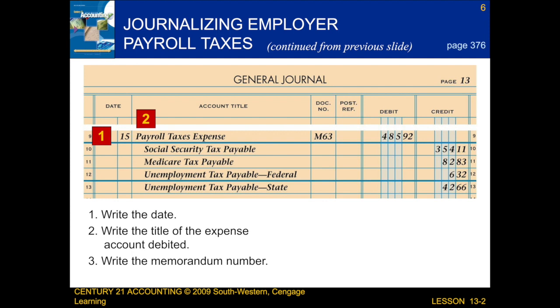After that, we write the memorandum number, which is M63, in the document number column. Following that, we write the debit amount, which is $485.92, in the debit column.